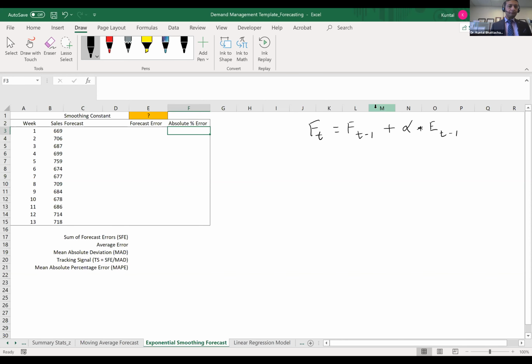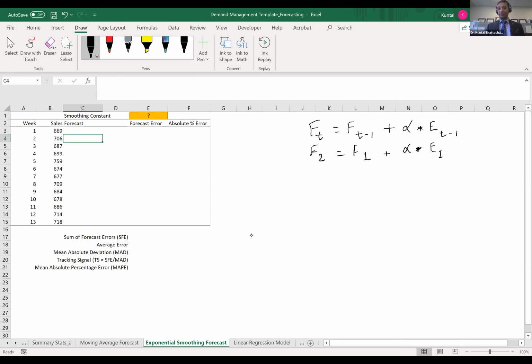So now let's start off with the forecast for week 2. Let me put this in context: F2 is F1 plus alpha times the error from 1. When you are starting to design this model, you ask yourself, what is my forecast from week 1?